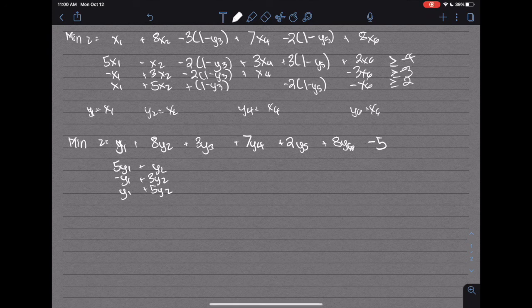I will put all the variables first. Minus 2y, sorry, that's plus 2y3 plus 2y3 minus y3 plus 3y4 plus 3x4 minus 3y5, it's no y5, plus 2y5.